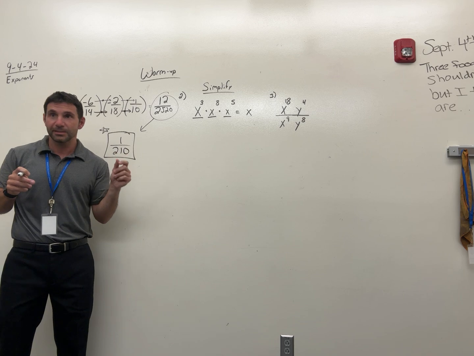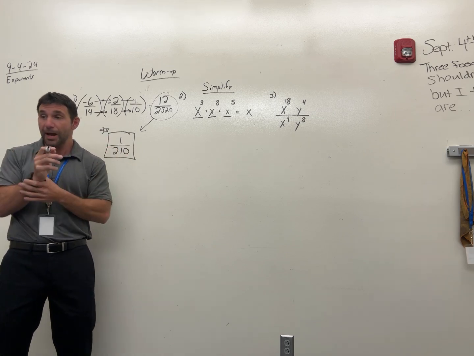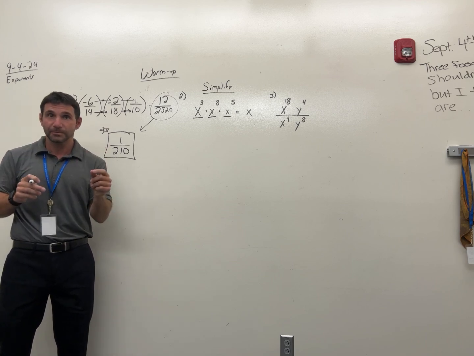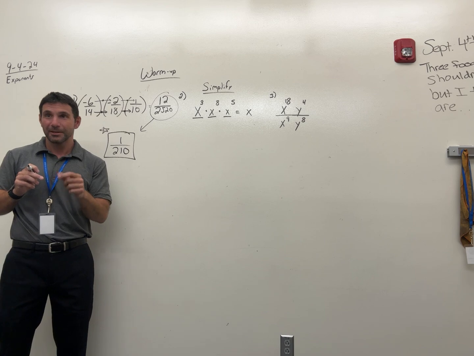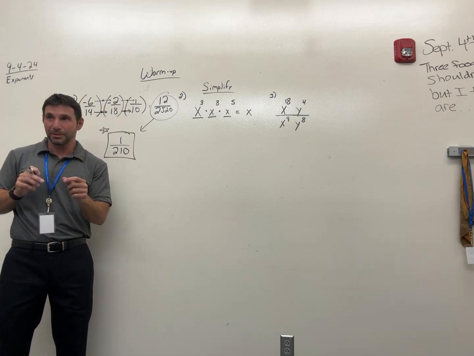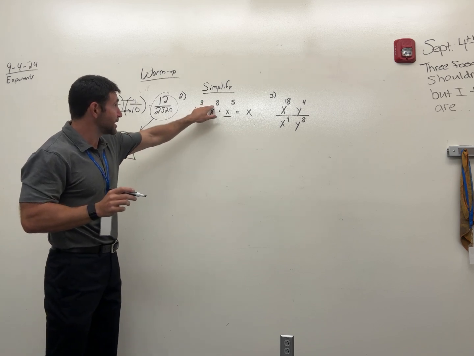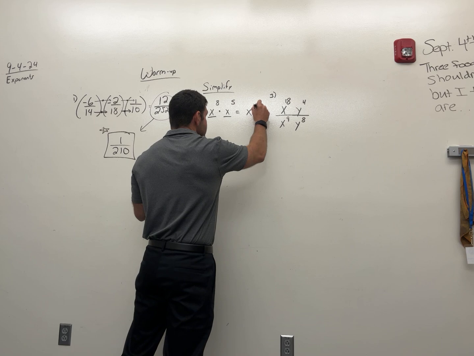We keep the base and, that's the quotient property. Not multiply, that's the power. This is the product property. Add the exponents. 3 plus 8 is 11. 11 plus 5 is 16.